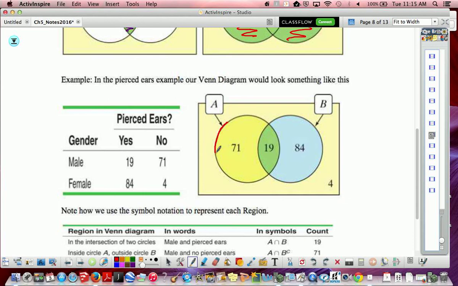If I look at this circle right here and notice that it has the numbers 71 and 19 in them, A must be representing our males because both 19 and 71 do correspond to males. Now B is not females, okay? It's actually corresponding to the numbers 19 and 84, which corresponds to yes to pierced ears. So we would write something like has pierced ears.